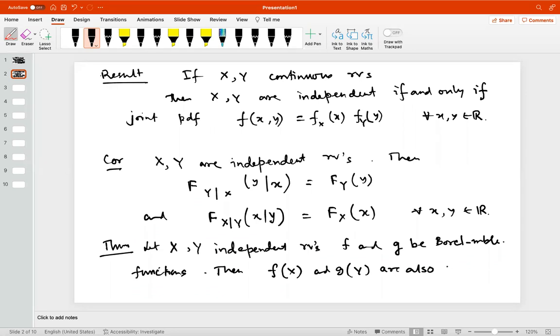The proof we can see in any book like Rohatgi; I omit the proof.